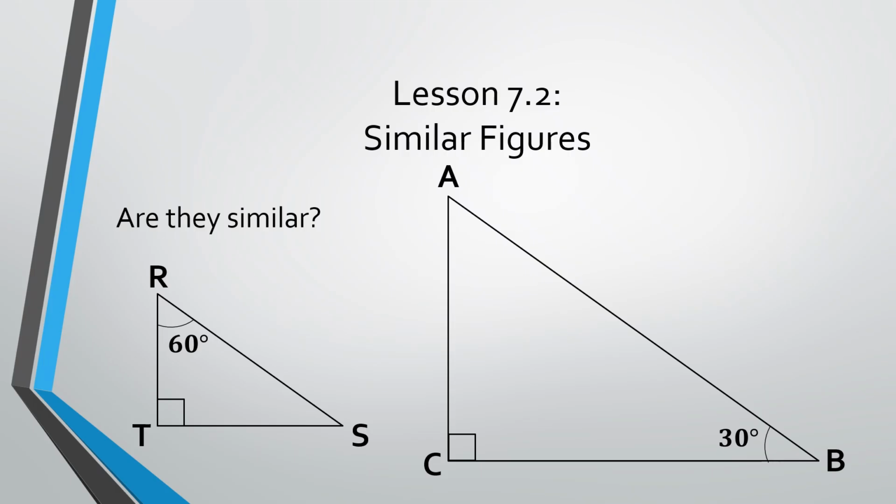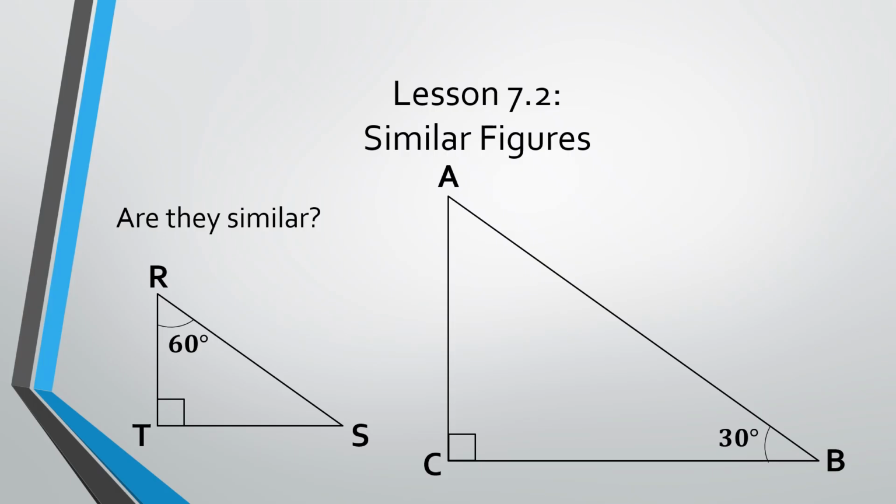Done already? Let's see if they are similar. Remember, let's say your sides are proportional. But the question becomes, are they similar when it comes to angles? Of course, they are similar because remember we have two conditions.